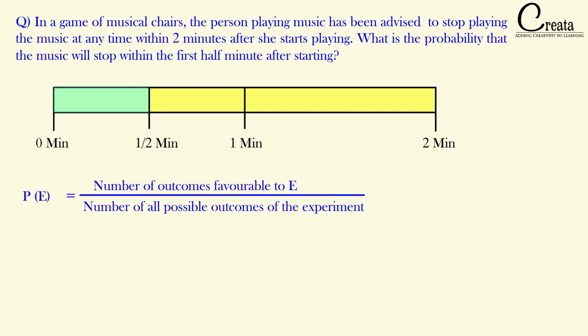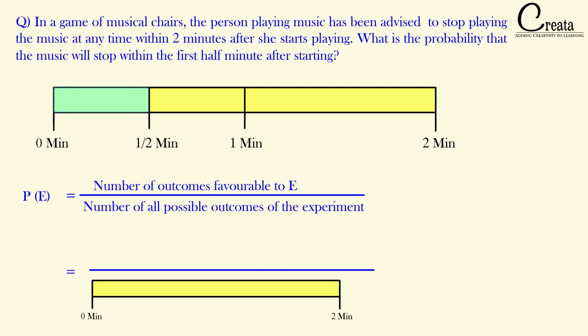The total outcome is 2 minutes. Let's put it in the denominator. And our favorable condition is only half a minute. Let's put the half minute in the numerator. We got half in the numerator, 2 in the denominator. On solving, we got 1 by 4. So the probability is 1 by 4, that is 0.25, which is 25%.